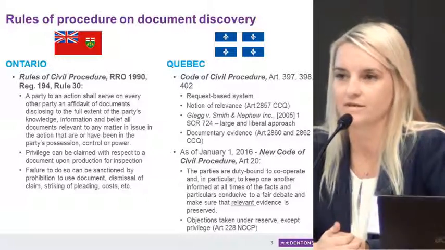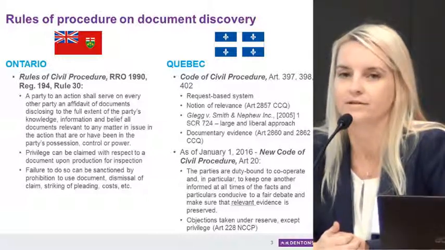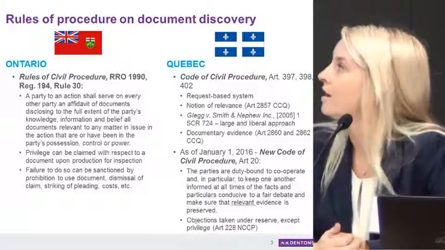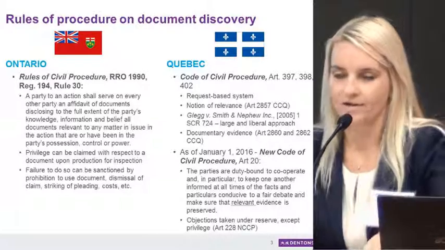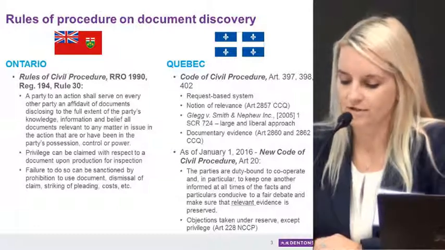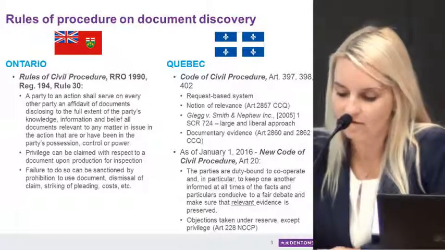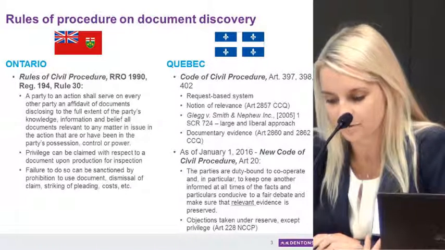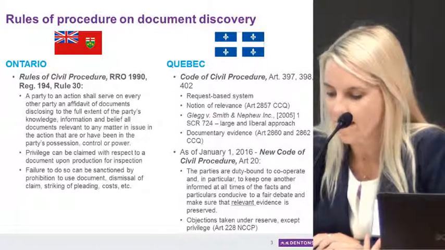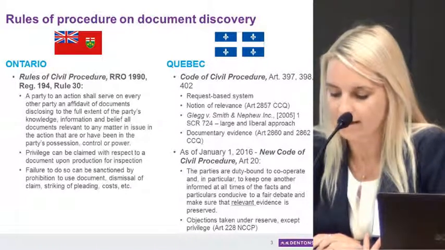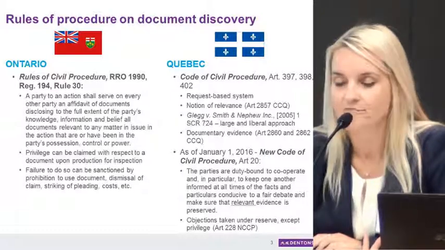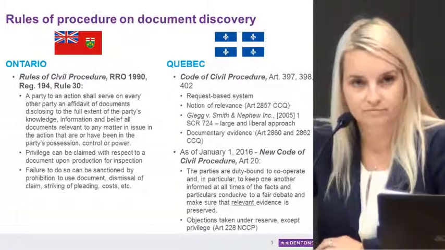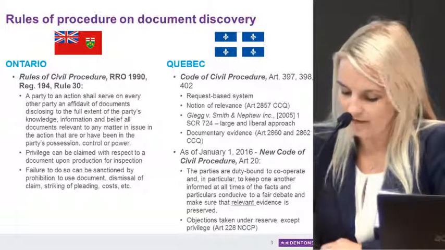The relevance is defined at Article 2857 of the Civil Code of Quebec, which reads as follows: evidence of any fact relevant to a dispute is admissible and may be produced by any means. So I can ask for any relevant document in the file.